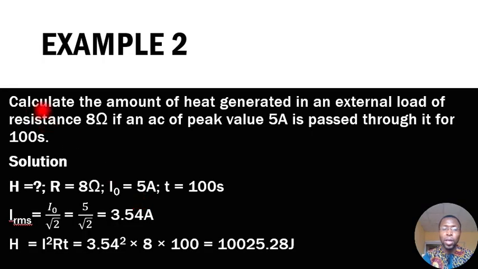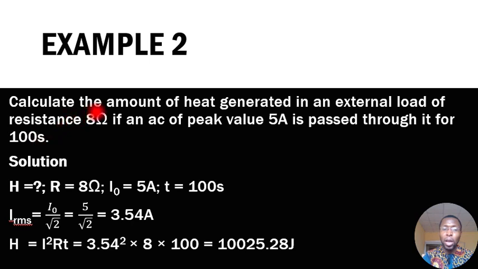Here it says, calculate the amount of heat generated in an external load of resistance 8 ohms if an AC of peak value 5 ampere is passed through it for 100 seconds.